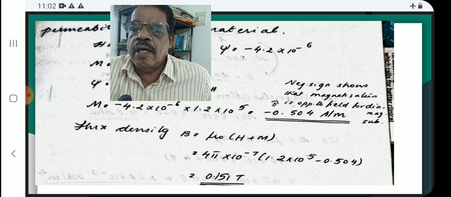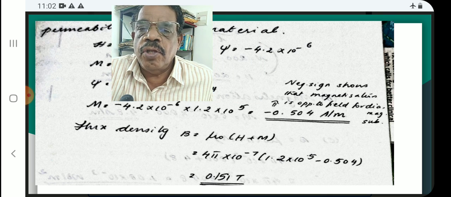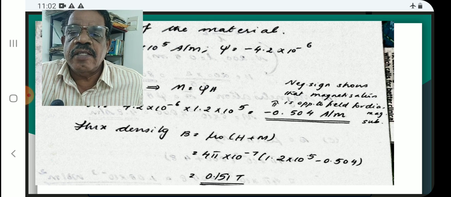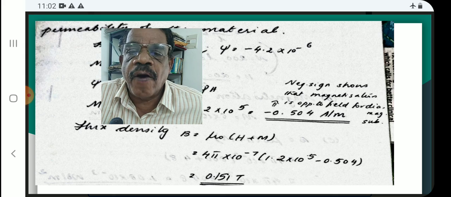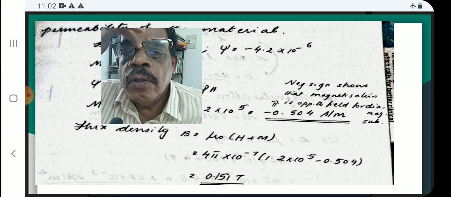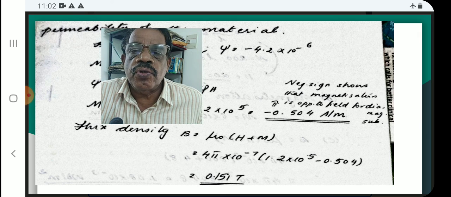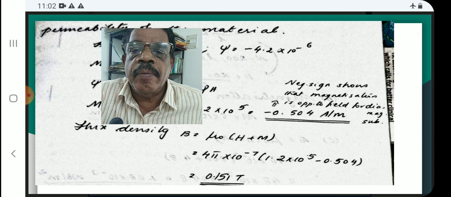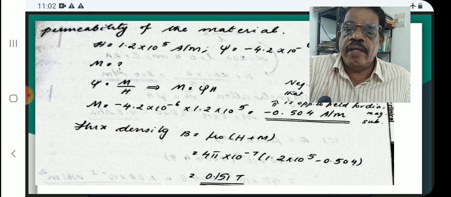M is minus 4.2 into 10 raised to minus 6 into 1.2 into 10 raised to 5, that is the H field. We get minus 0.504 ampere per meter. The negative sign shows the magnetization is opposite to the field. That is the meaning of the negative sign.